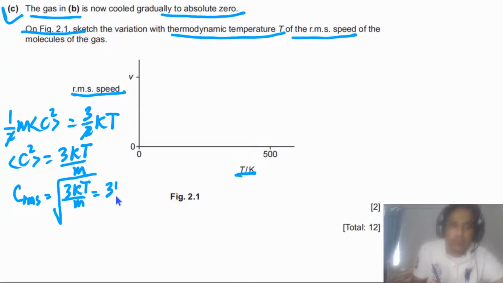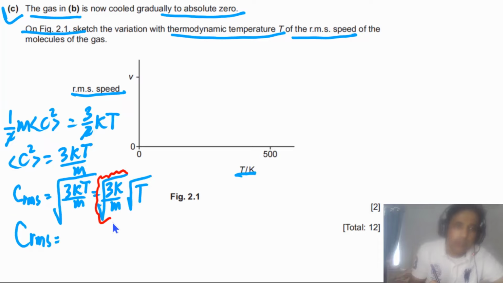If we rearrange this, we can write the root of 3k over m times the square root of T. We can also rearrange this more because this quantity, 3k over m, is constant.